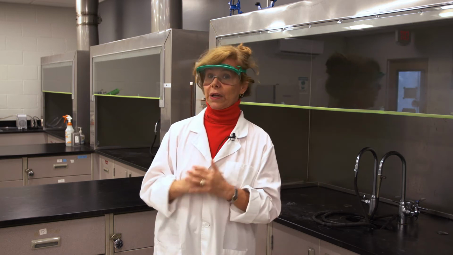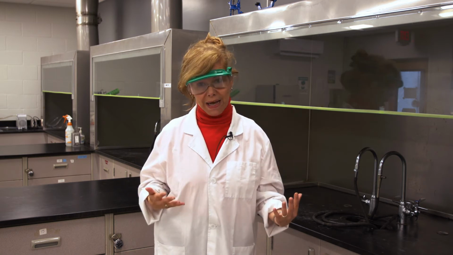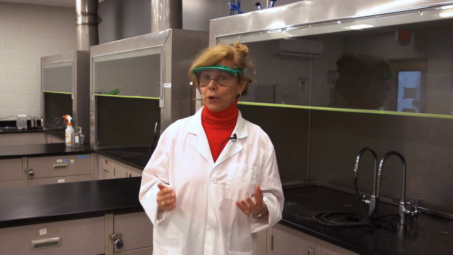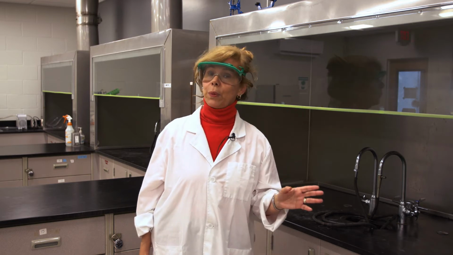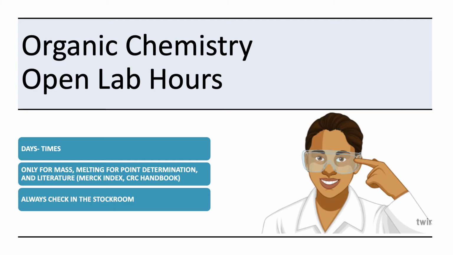Another thing that is different in the organic chemistry lab is that students do their synthesis, but sometimes we are not able to determine the melting point or the mass of our products. For that, we have what we call open lab hours. We post open lab hours at the beginning of the semester, but they are only to be used to come to do mass, so use the scale, or do the melting point of your product, or to research in the CRC handbook or the Merck Index.